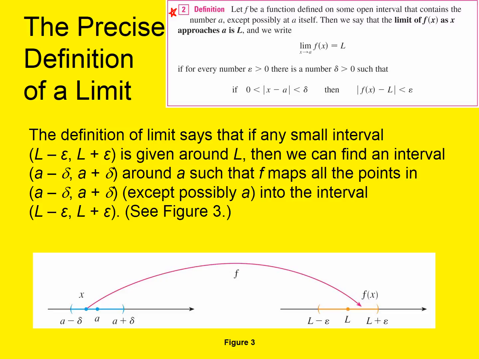Someone says, we want f of x to be in here. And you say, okay, I can always do that because I can come up with a delta so that if x is in this interval, we're always going to meet your standard of being within epsilon of L.